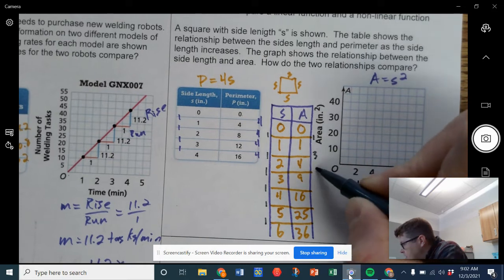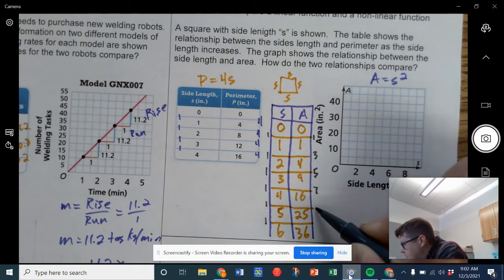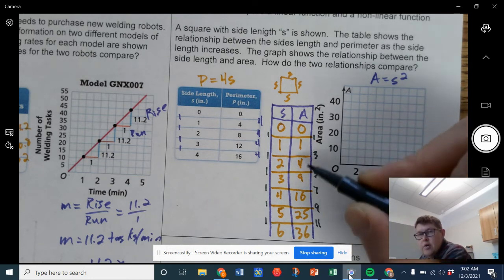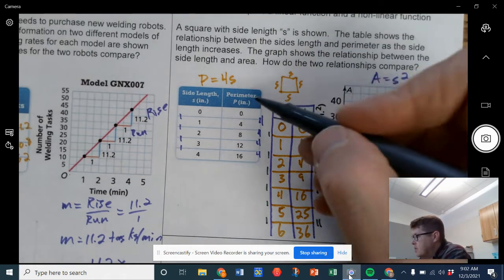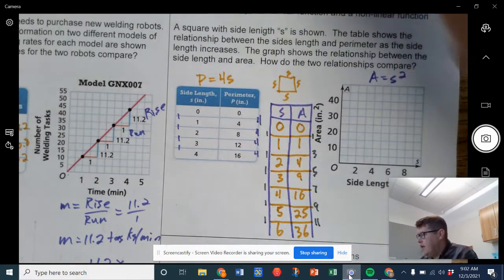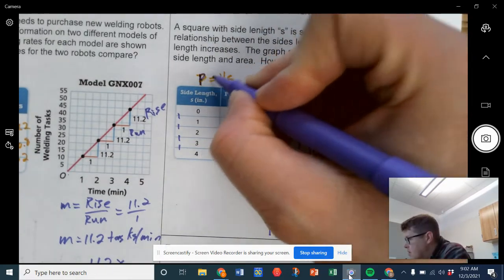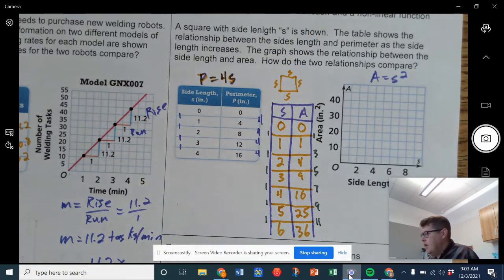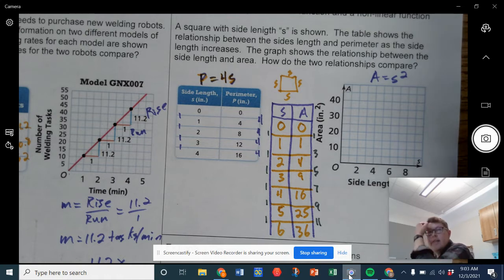these actually change. So we can tell just from the graph that this relationship is non-linear, whereas this relationship is linear, okay? So I'm going to graph the perimeter in purple, and I'll do the area in that gold color.